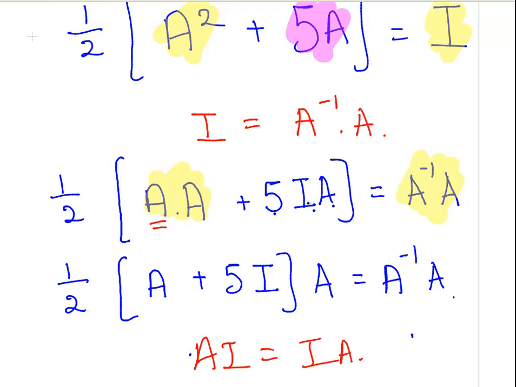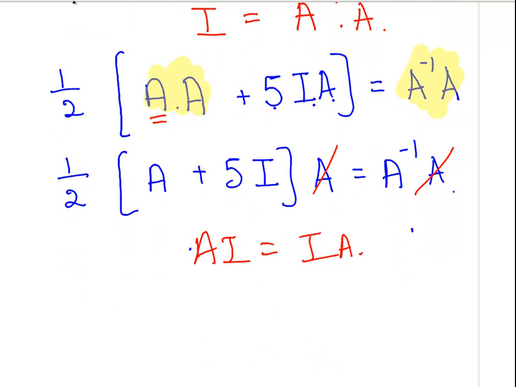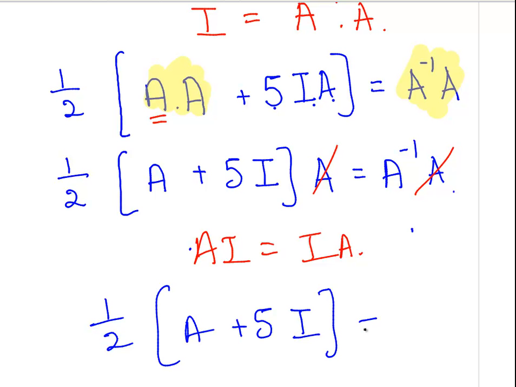So I'm taking out a from both terms, and then at the end I simply cancel out the a terms. What I'm left with is 1/2 times (a plus 5I) equals a to the minus 1, and that's what we were asked to show. So that's this linear algebra exercise.